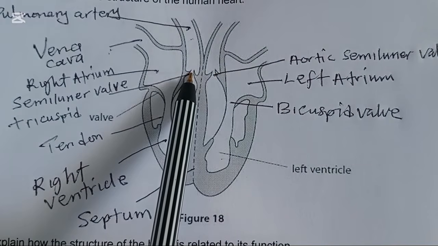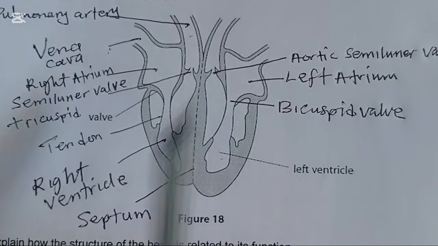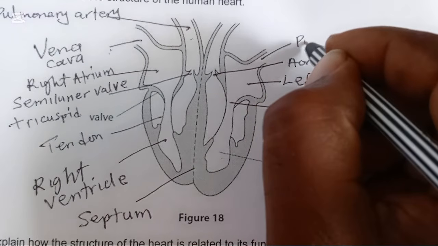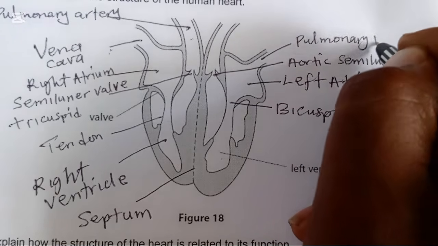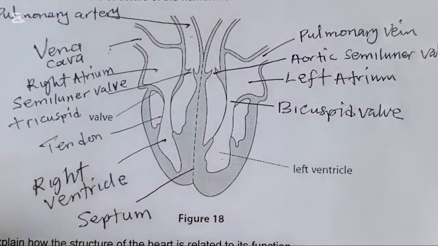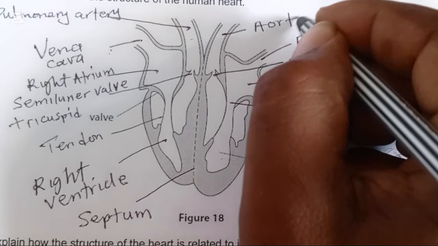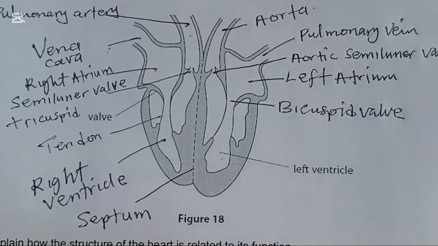This one is the pulmonary semilunar valve. And this is the pulmonary vein. This is the aorta. So these are the parts of the heart.